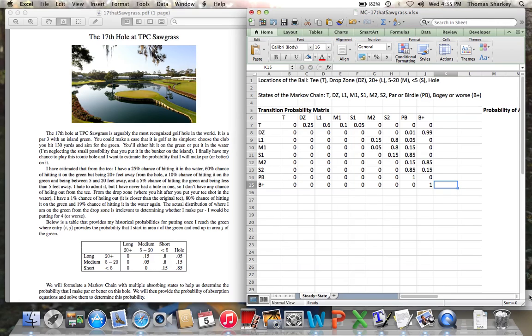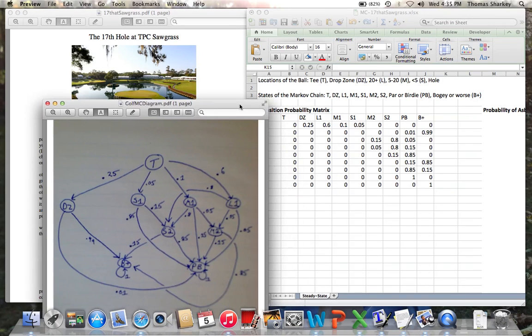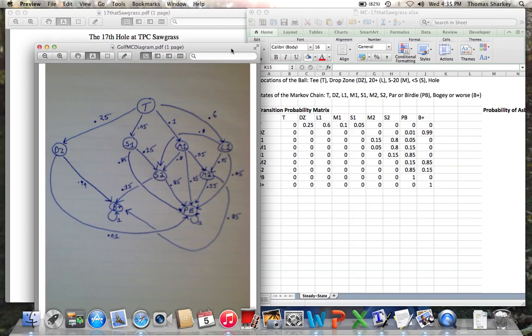I'm going to show a very messy transition probability diagram. As you can see, it is not pretty looking.